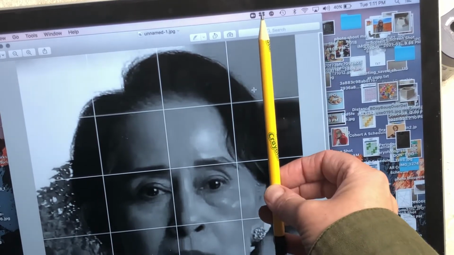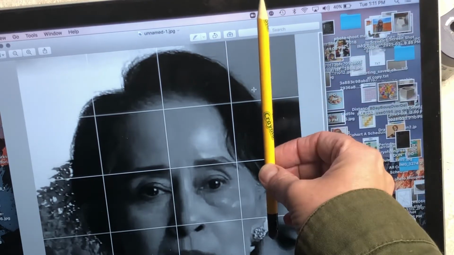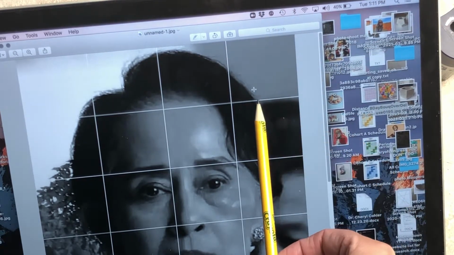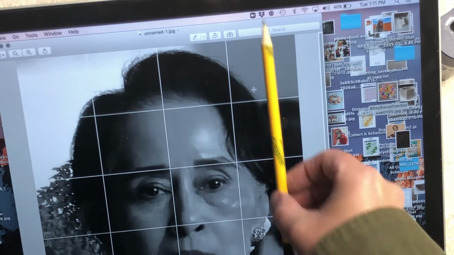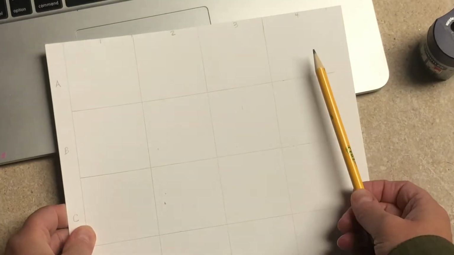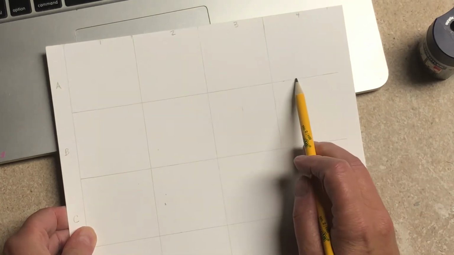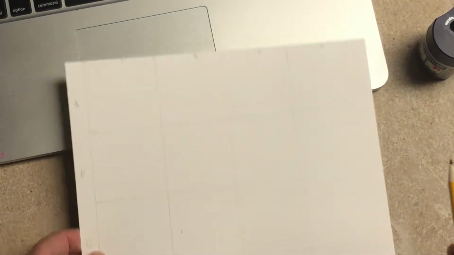So first I want to pick out my midlines of my square. So about right here, you can see that that line attaches a little bit before the midline. That's really good to know because then when I look at my paper, if this is my midline, I can make a mark a little bit before, just a teeny bit before.